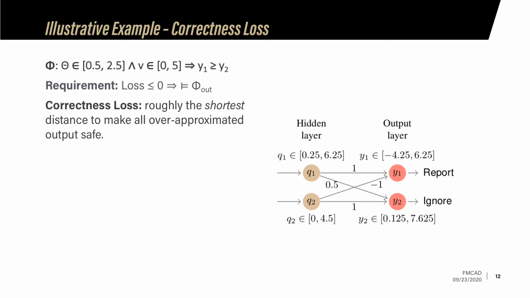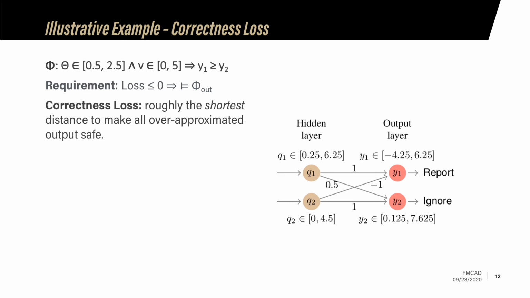Apparently, this computed over-approximate output for Y1 and Y2 cannot indicate that Y1 is always greater than or equal to Y2. Observe that Y1 can take negative values, while Y2 is always positive.